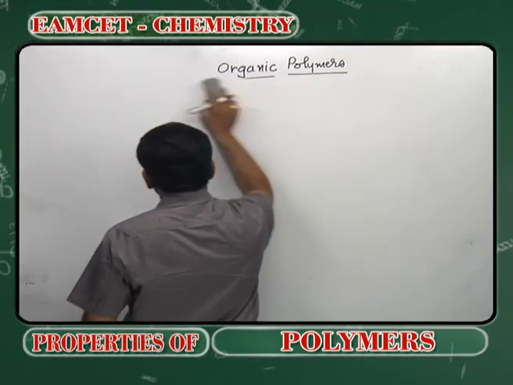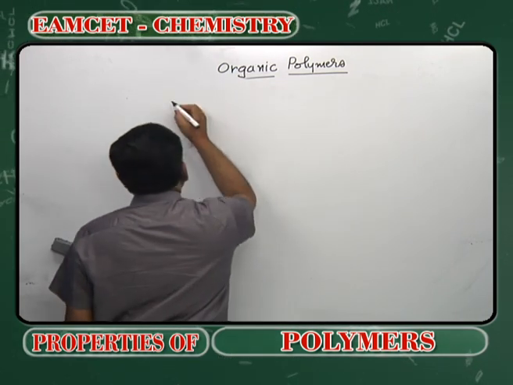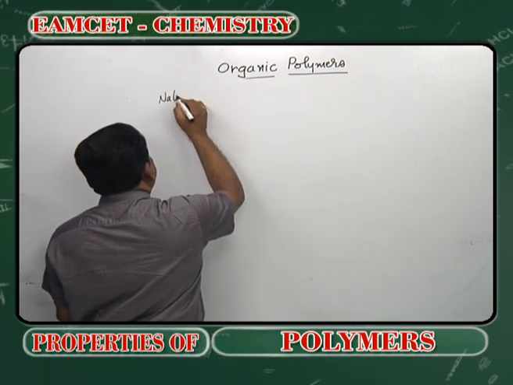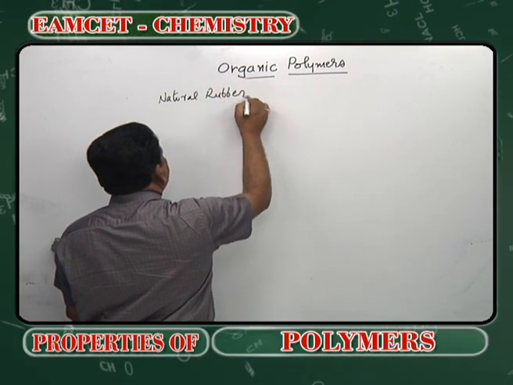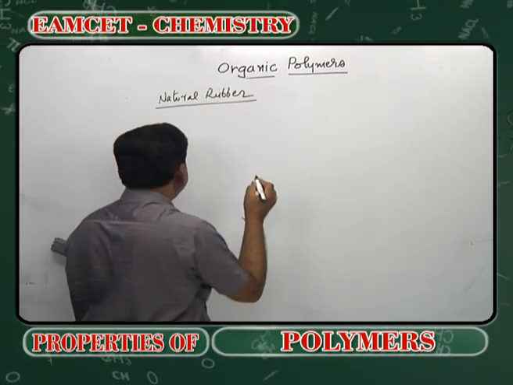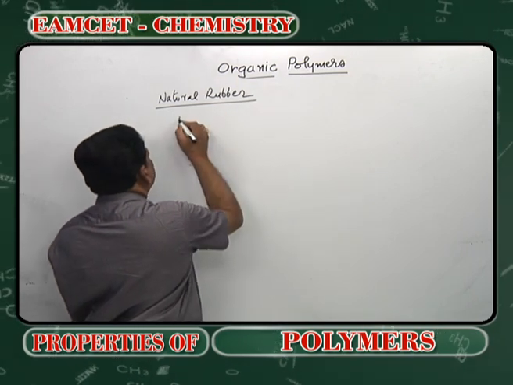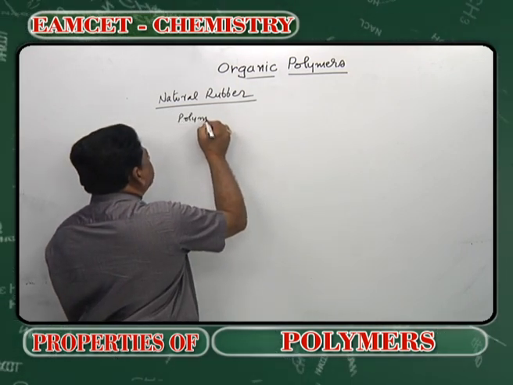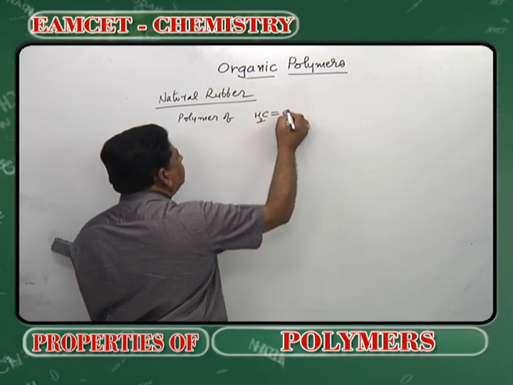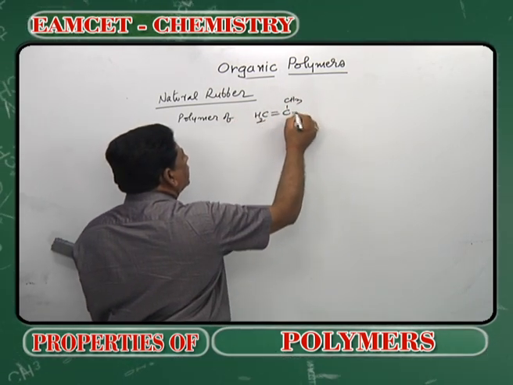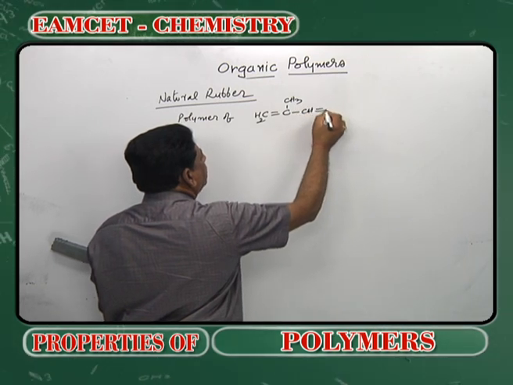Now, let us go to something about natural rubber. Natural rubber is a polymer of CH2=C(CH3)-CH=CH2.